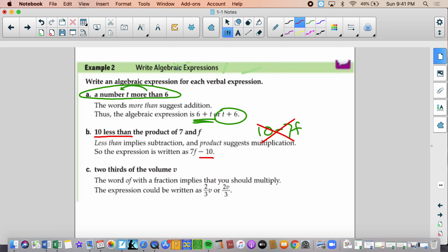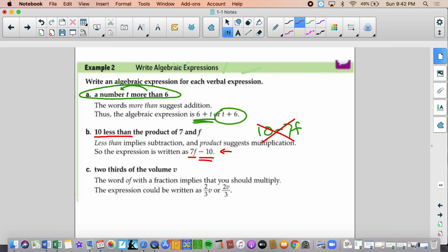You have to have the negative sign attached to the 10. So 10 less than the product of 7 and f. You have 7 and f, the product meaning multiplication, and then you do 10 less than that. The only way that that is represented is 7f minus 10. That will be a tricky one. Hopefully you dealt with that in 7th grade.